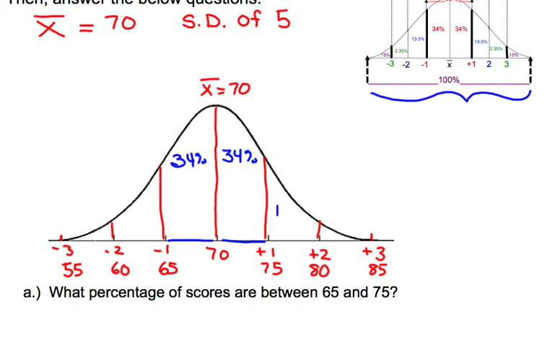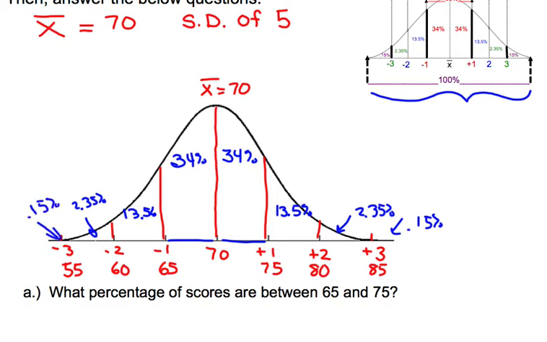Then we have 13.5% and 13.5%. Again, I'm just taking this from up here, 2.35%, 2.35%. Last 2 is 0.15% and 0.15%.